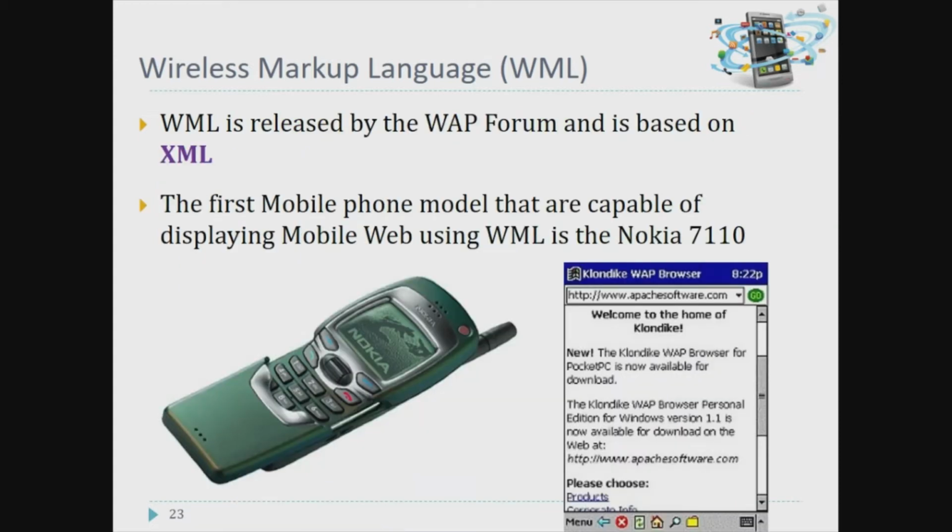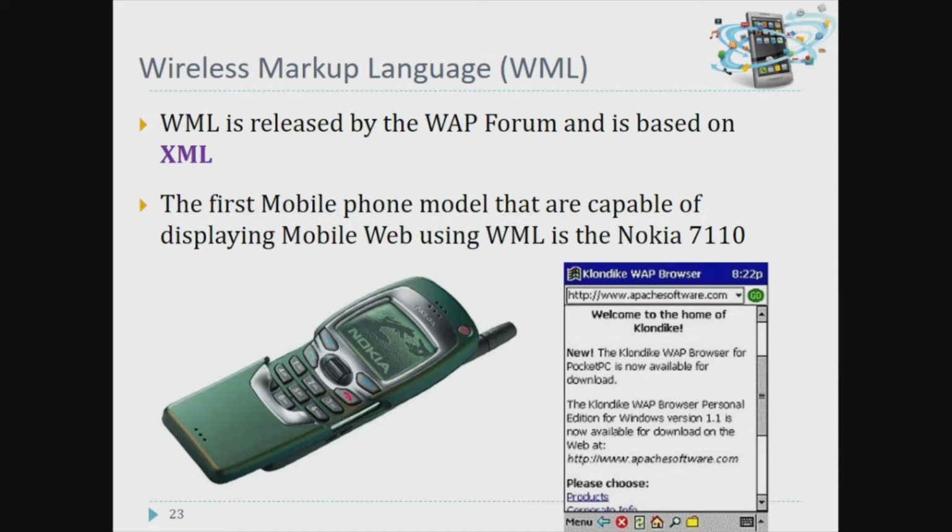So WML is released by the WAP Forum and is based on XML. Okay, another markup language, XML. The first mobile phone model capable of displaying the mobile web using WML is the Nokia 7110. Okay, because during that day, Nokia was the popular brand for mobile phones.